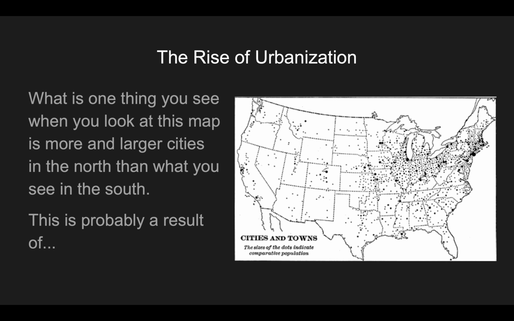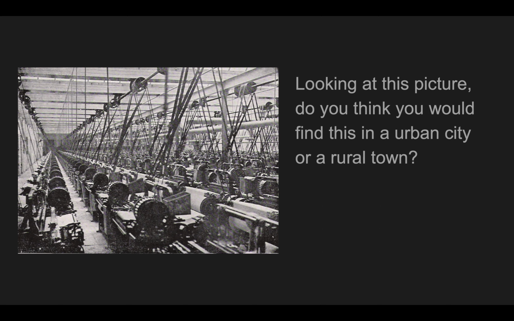One of the reasons for this is if you go back to this picture here, you see there's a lot of people required to run a factory like this. So one of the things that we see in these urban cities is factories. Well, factories need workers.